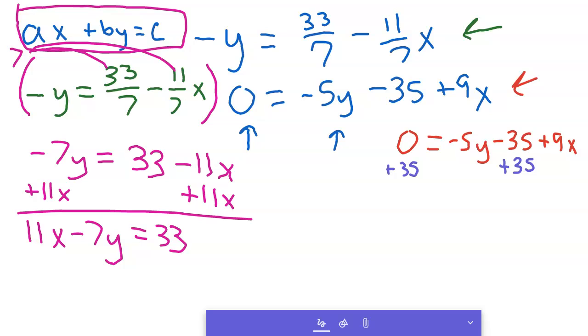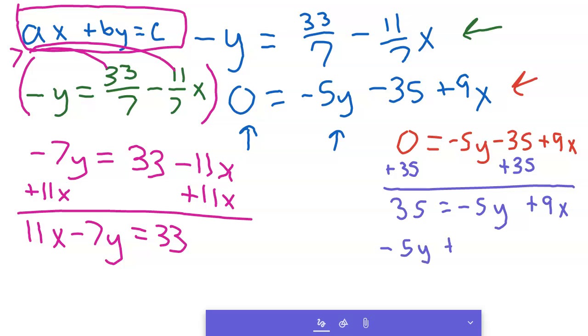So we add 35 to both sides, and we'd have 35 equals negative 5y plus 9x. Now I'm going to flip that, so negative 5y plus 9x equals 35.